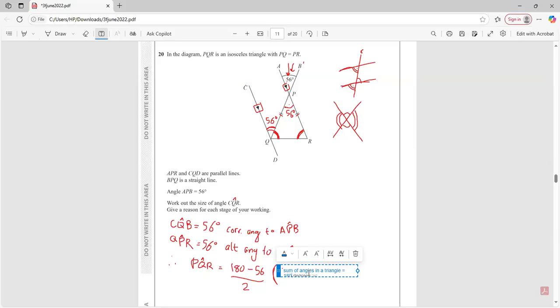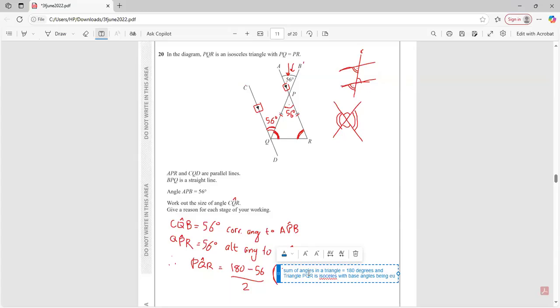And triangle PQR is isosceles, with base angles being equal.